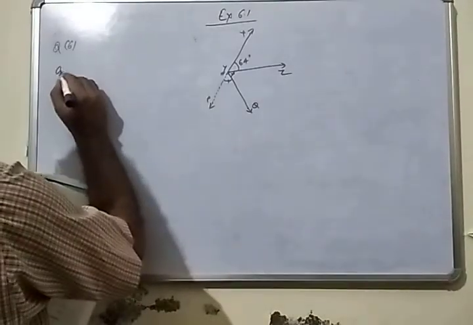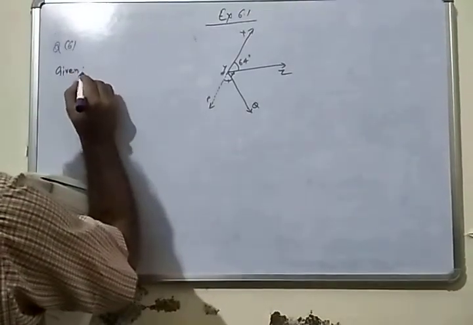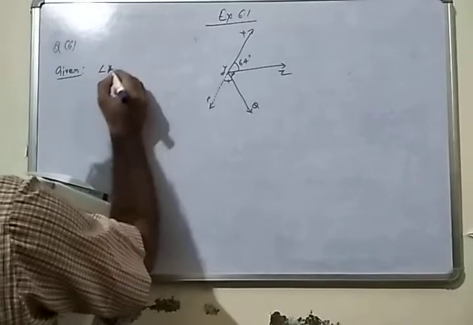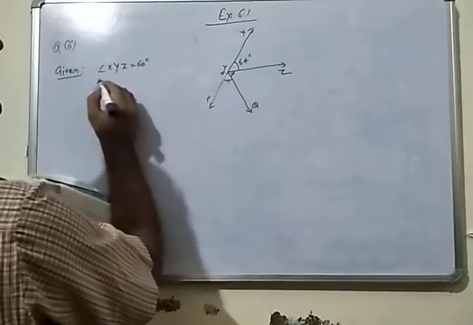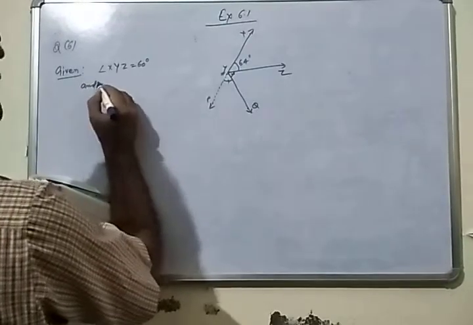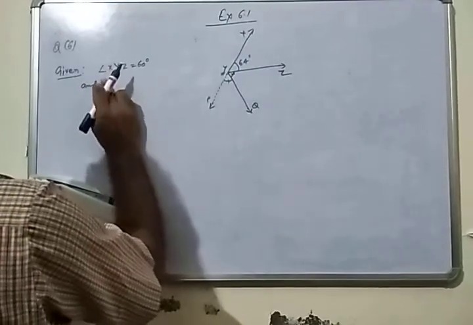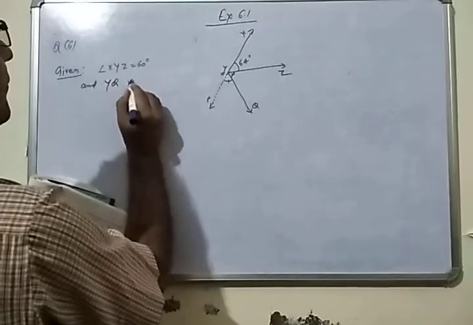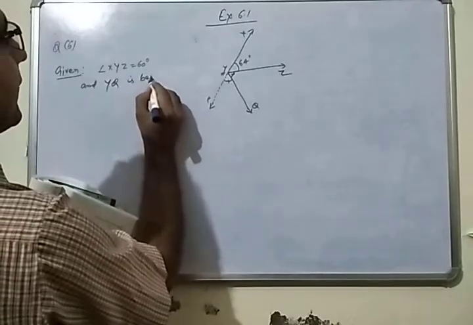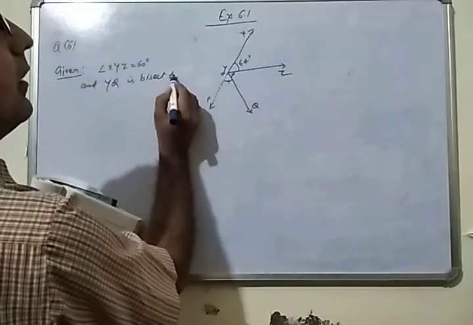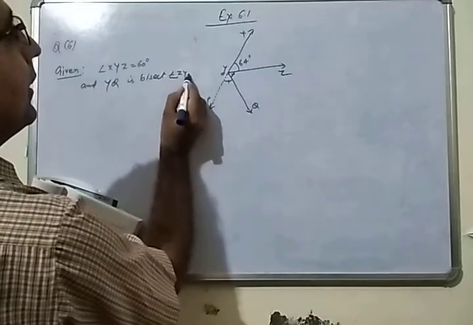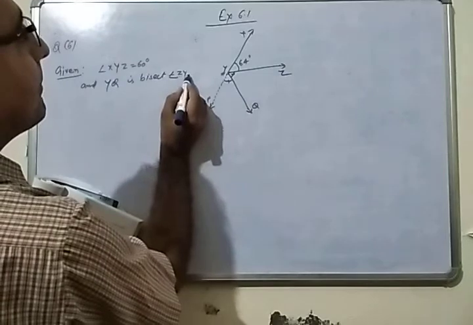So first, the given: angle XYZ equals 64 degrees and YQ bisects angle ZYP.